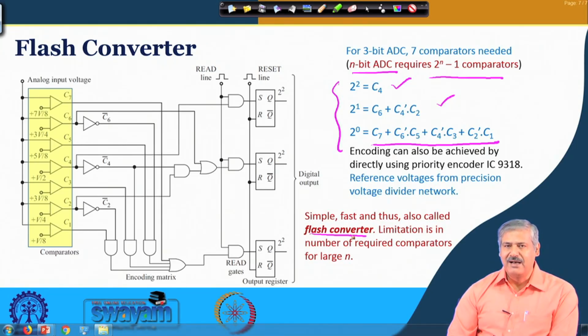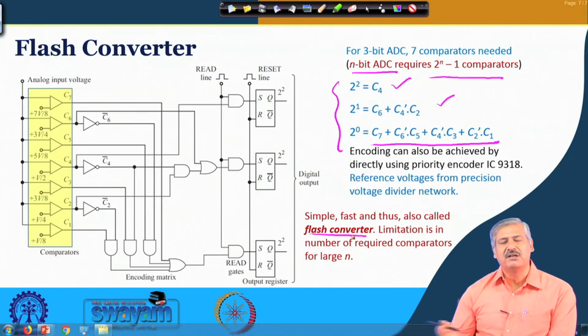But the limitation of course is the number of comparators required, so the power requirement is more, and it becomes more expensive also. And regarding how fast it is, some numbers we shall see later when we discuss some other types of ADC, and then we can have a comparison.